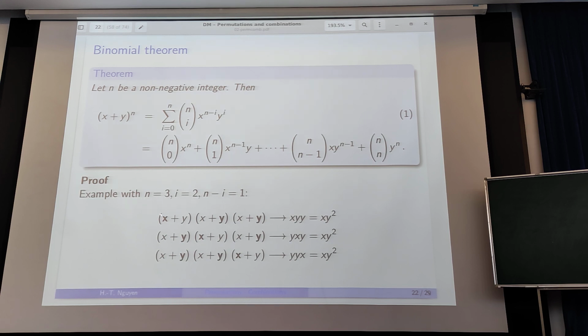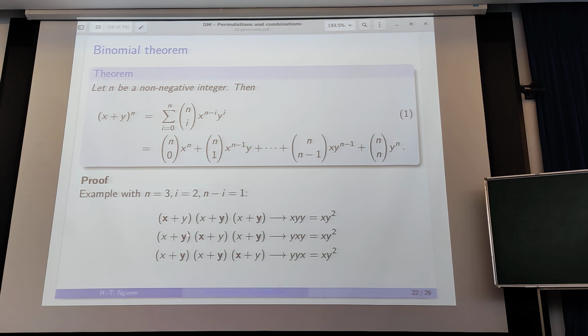So here suppose that you choose x in the first sum, y in the second sum, and y in the third sum. Then you have a product of x, y, and y here. And you get one time the term x y squared. Okay? So you can create one term x y squared in another way.